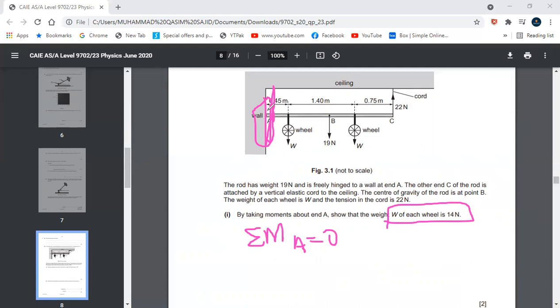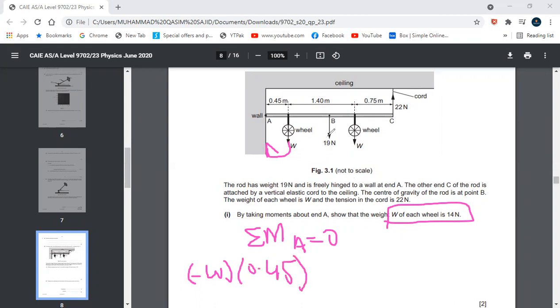When we take this point as a rigid point, first is this one, the W. This W is clockwise, so it must have a negative sign, and the distance between them is 0.45.